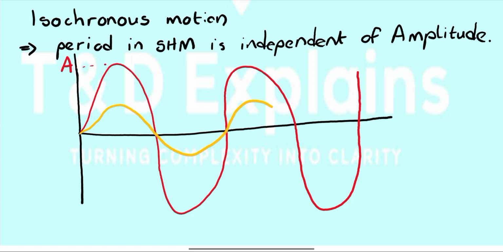The second object has a smaller amplitude than the first object, but look at the time. Suppose that this is 40. You can see that they traveled at the same time.